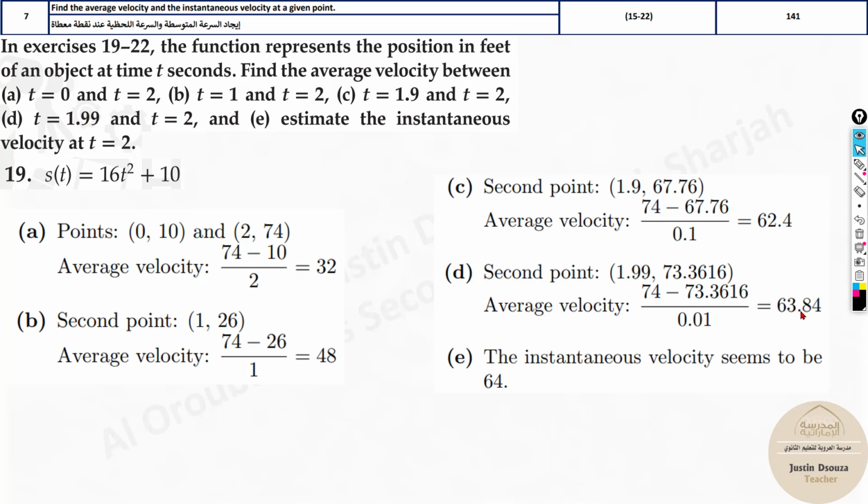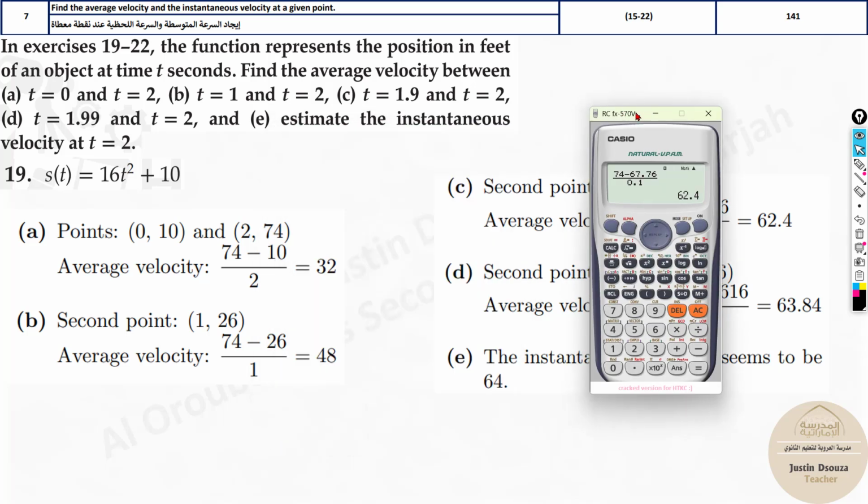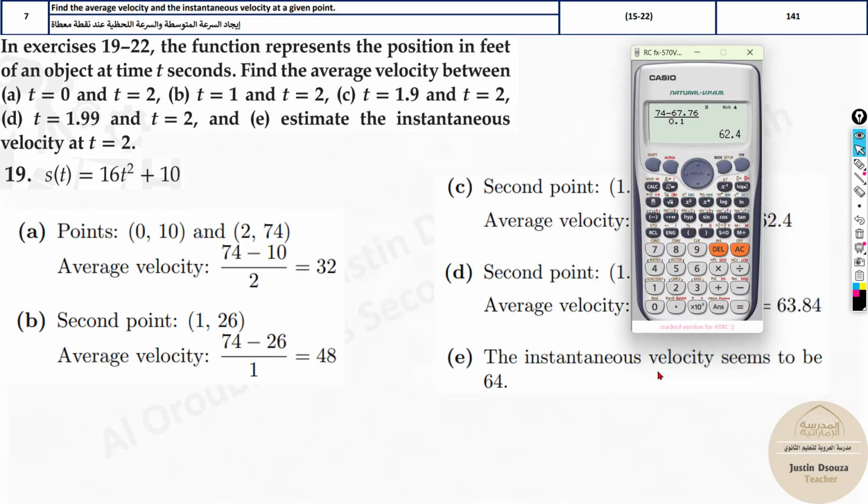Can you see over here 1.99? You're closing in on a certain value. See, 32 became 48, 62.4, 63.84. This instantaneous velocity is very important. That is the value you get from the derivative. So now, how to find the instantaneous velocity is just like the previous problem we did.